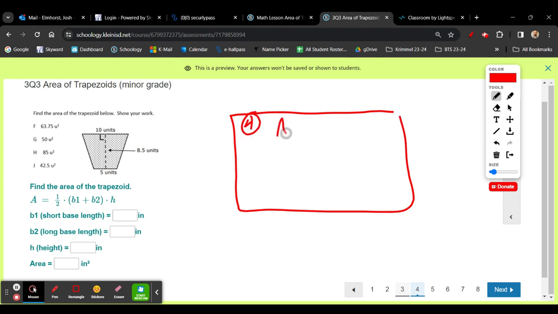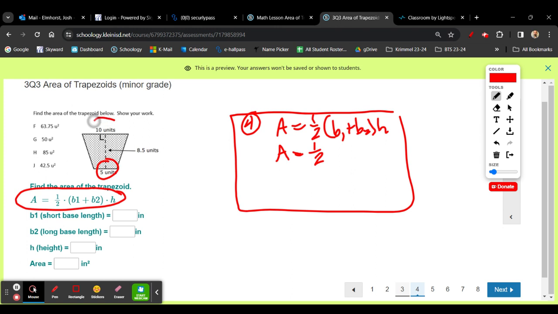Number 4, start with our formula. Your sixth grade advanced math teacher programmed the formula in for each question to make sure that we were using it. B1 plus B2 times the height. B1 is 5, B2 is 10, and the height is 8.5.